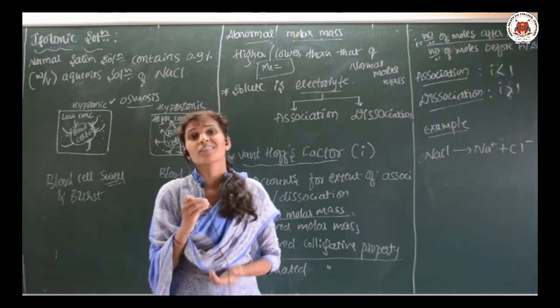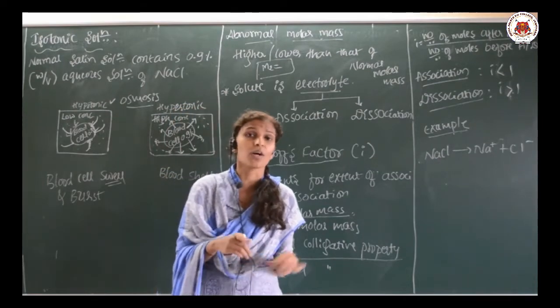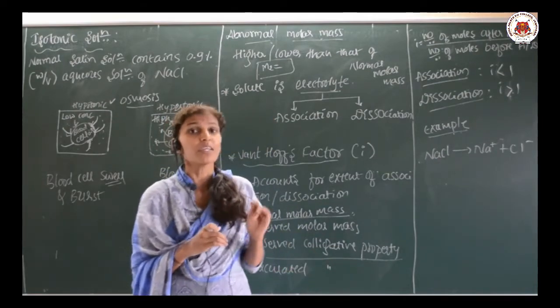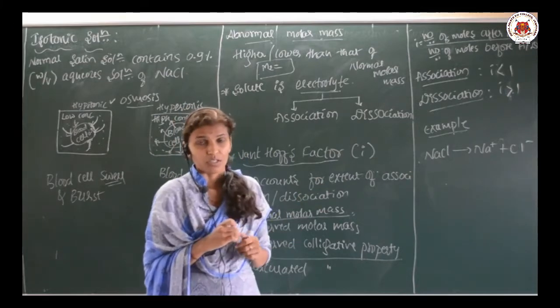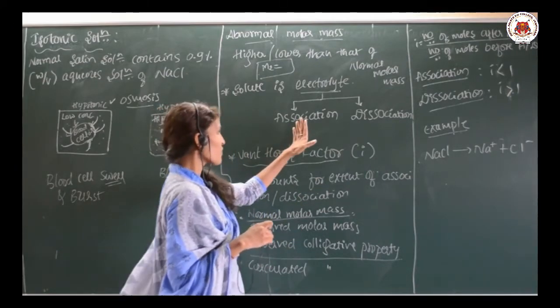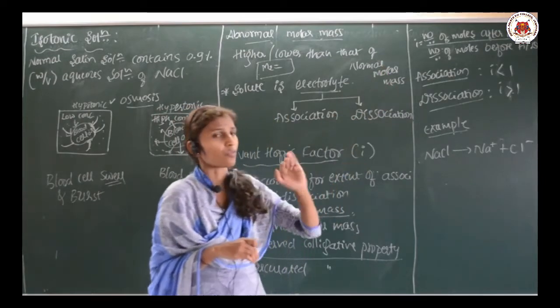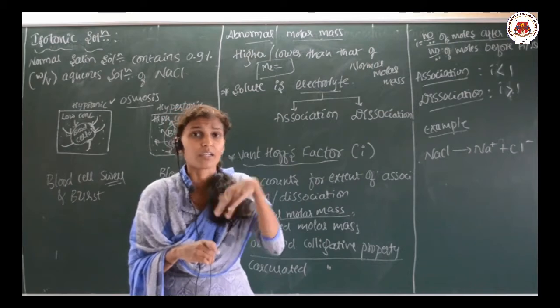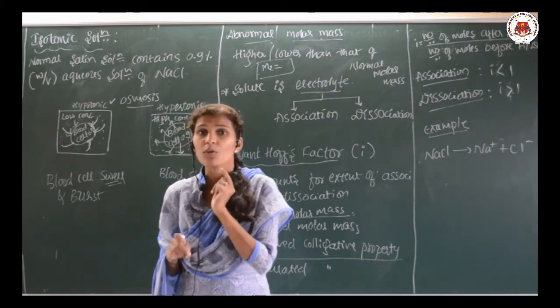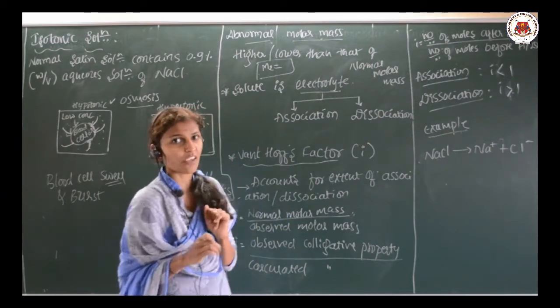Whenever the solute is an electrolyte, either association or dissociation will take place. Because of this association and dissociation, the normal molar mass will vary and it converts to the abnormal molar mass. I hope you are getting what I am saying.